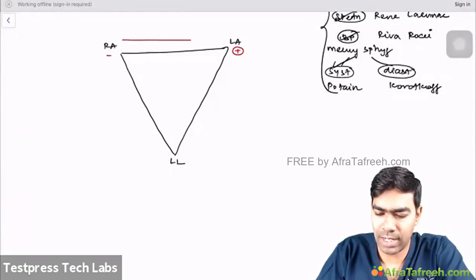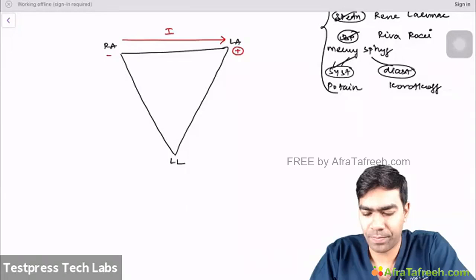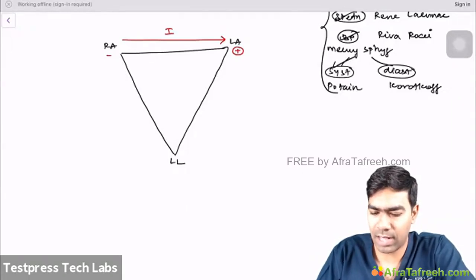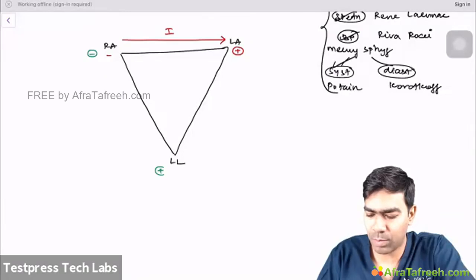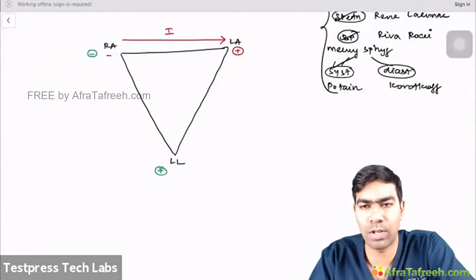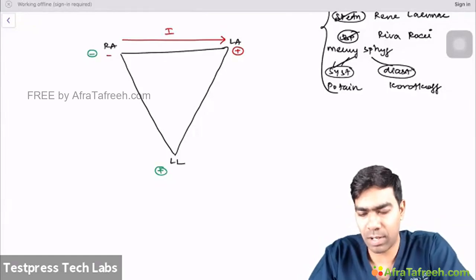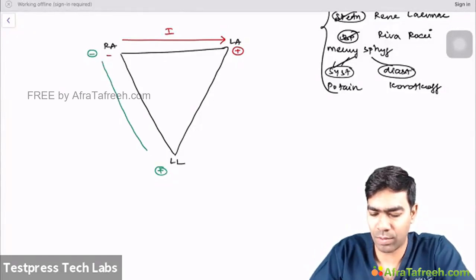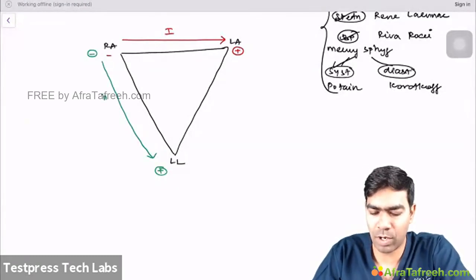So if you construct a lead like this, this lead will be called lead 1, we know that. And suppose you take the right arm as negative and the left leg as positive, let me draw in a different color. So right arm as negative and the left leg as positive. You're not really going to do that, it's just for concept, but the machine is going to assume that if the right arm is negative and the left leg is positive, then you're going to push current like this from right arm to left leg, and this lead will be called lead 2.